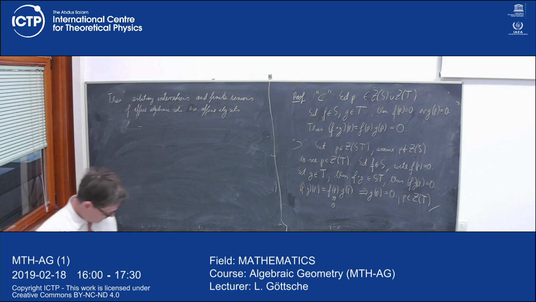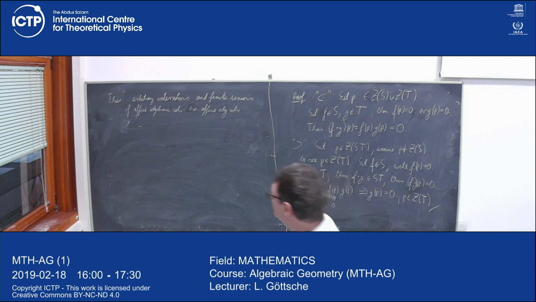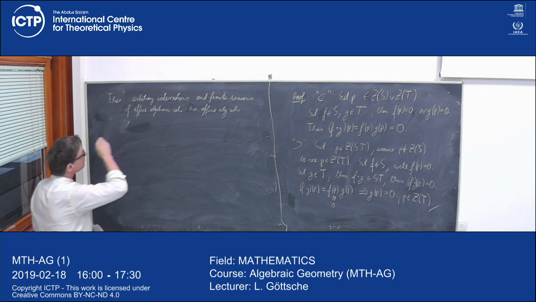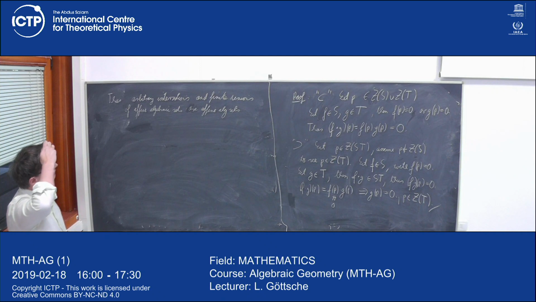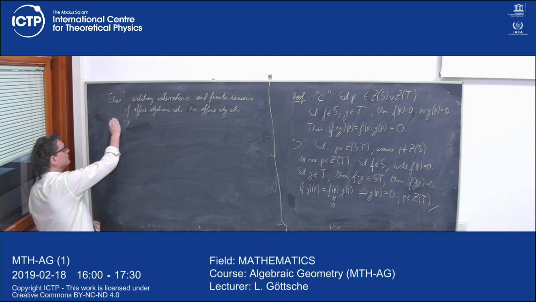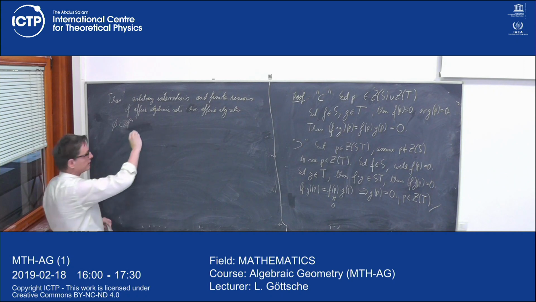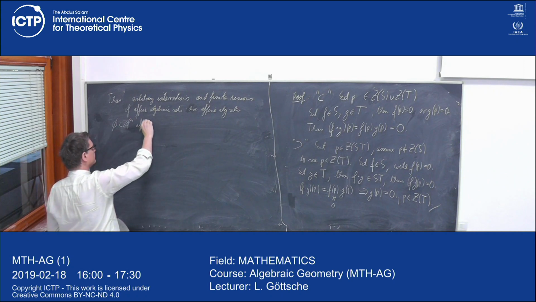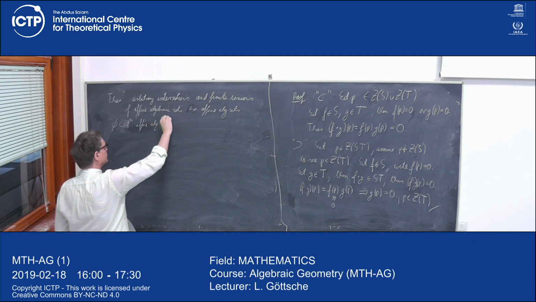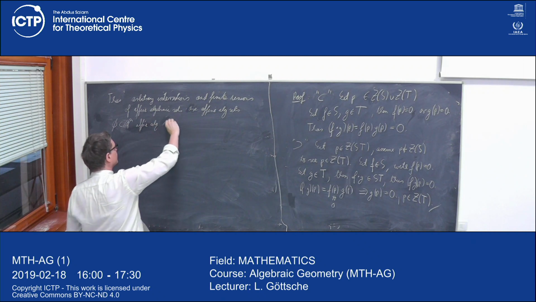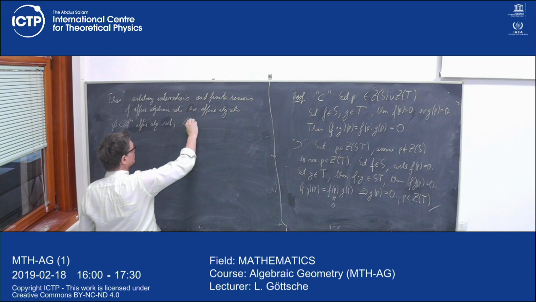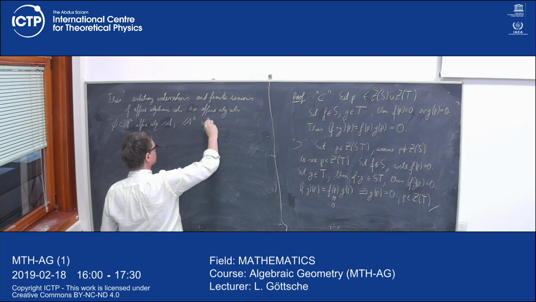So let me spell this out. Remember that we showed before that the empty set is an affine algebraic set, and the whole space A^n is also an affine algebraic set.